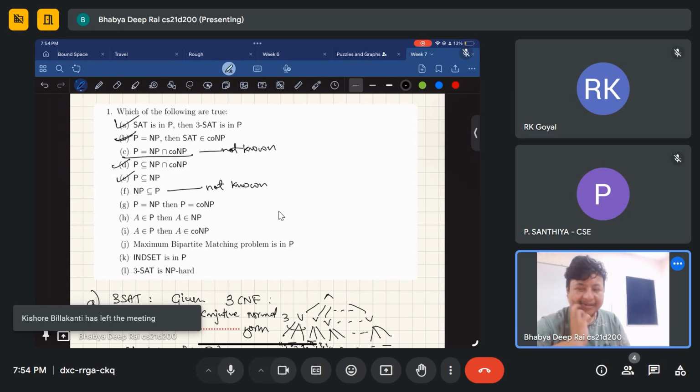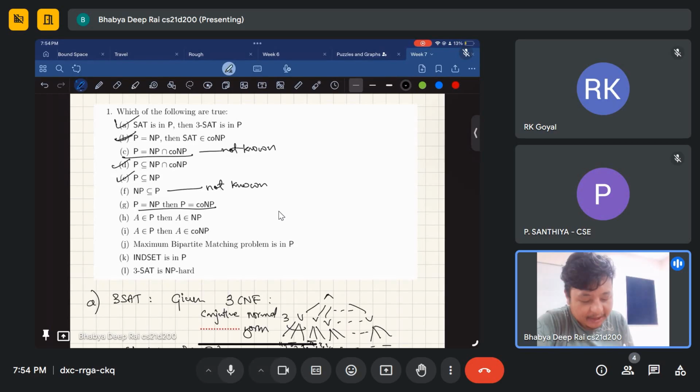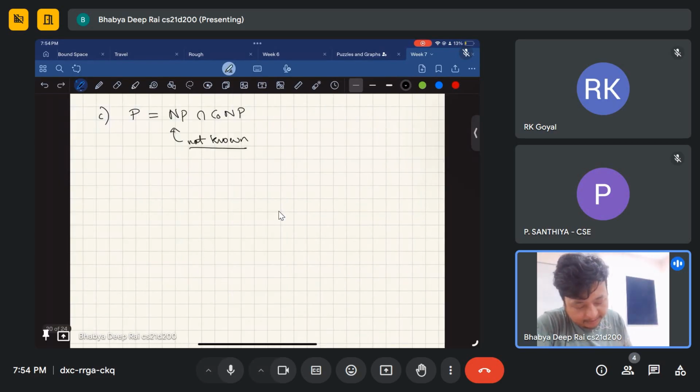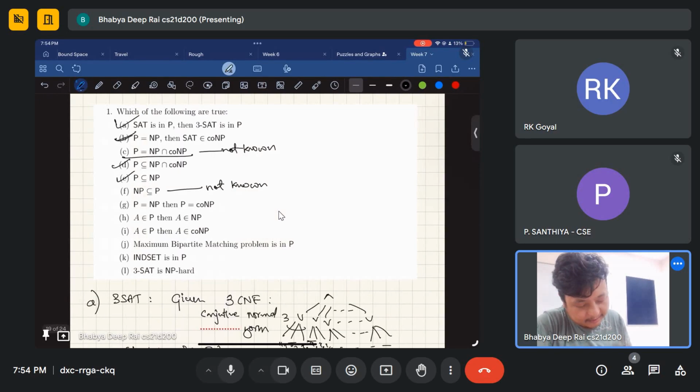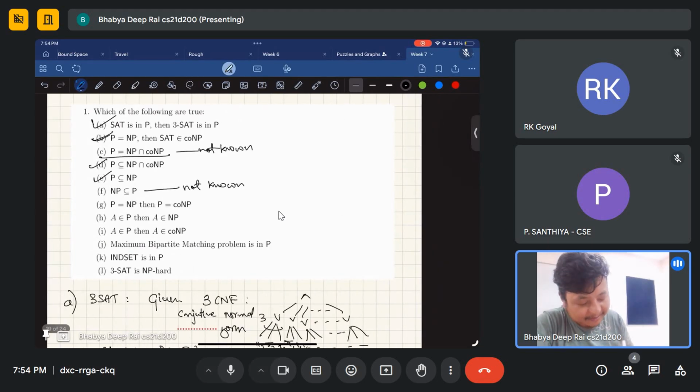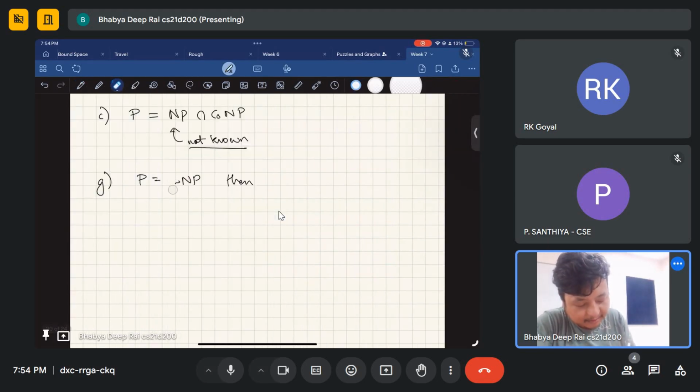Okay. If P equals NP, then P is equal to coNP. Again, which question is this? G. If P equals NP, then P equals coNP.